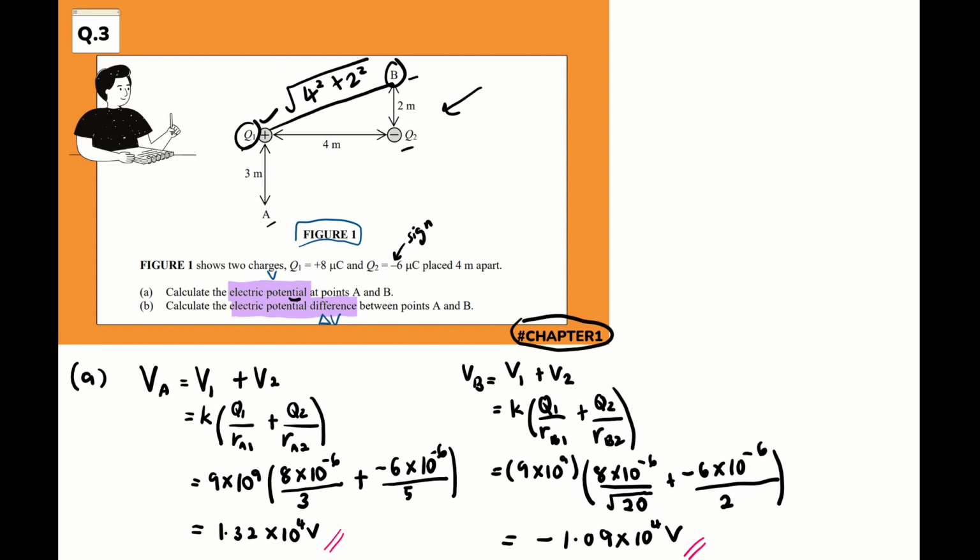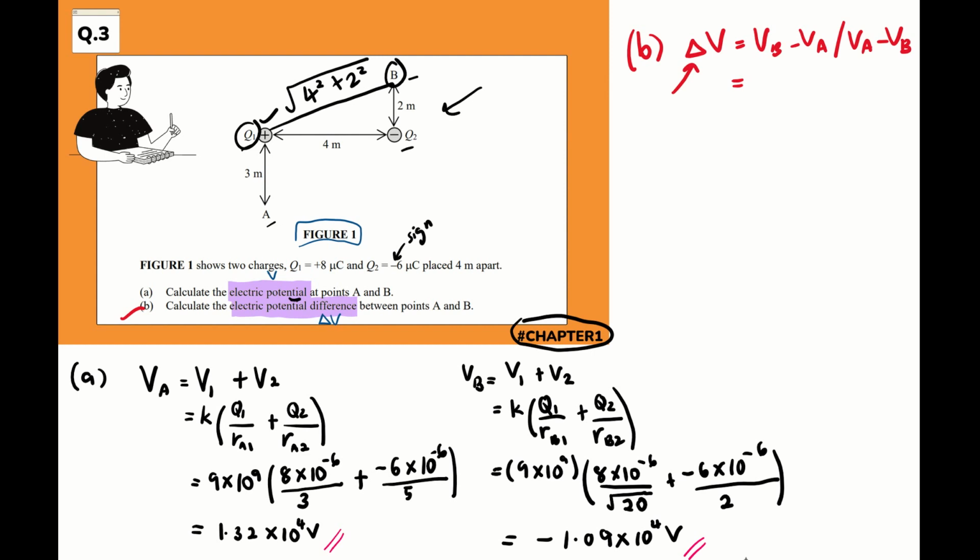Now we want to solve the second question, B. Calculate the electric potential difference. So for B, the electric potential difference is delta V. So it's equal to VB minus VA or VA minus VB. When we just want to get the magnitude of the difference, it doesn't matter.